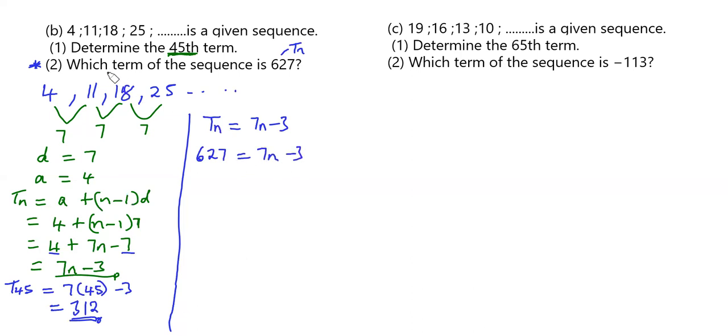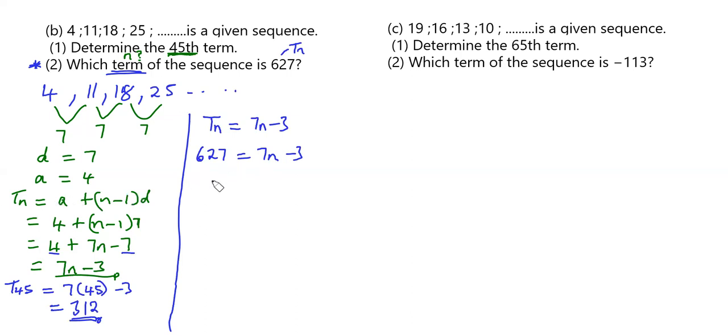We substitute for Tn, so it's going to be 627 equals 7n minus 3. When you say which term, you are looking for n. Always remember that when they ask which term you are looking for, they are looking for n.